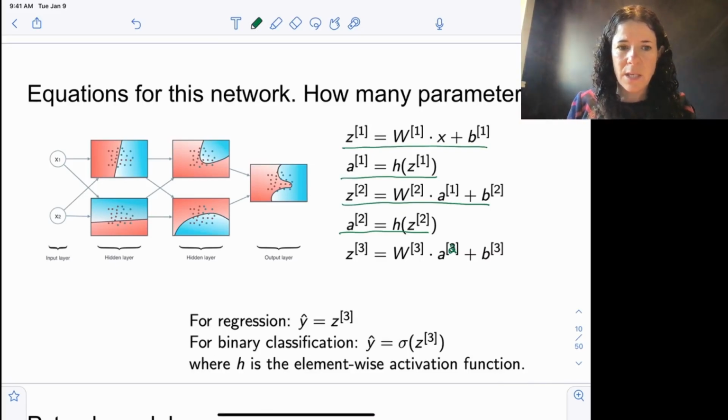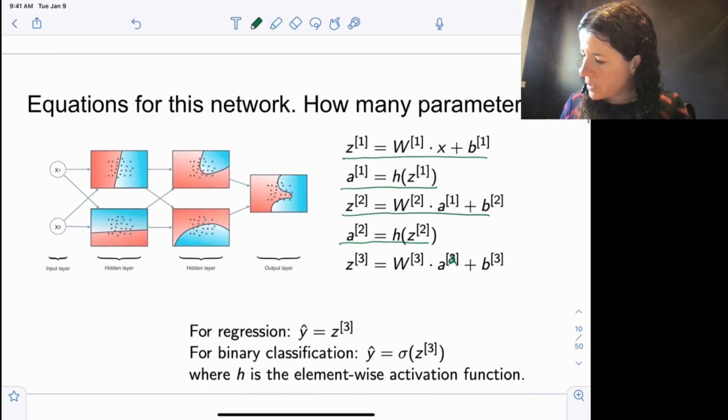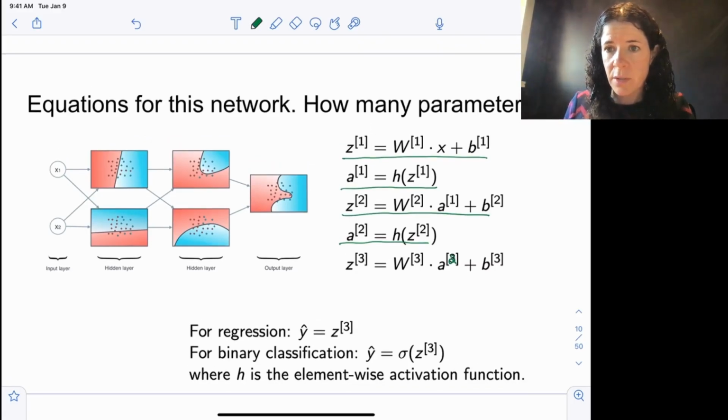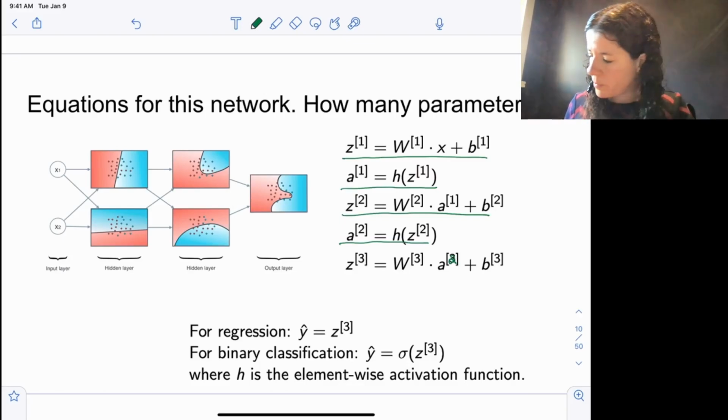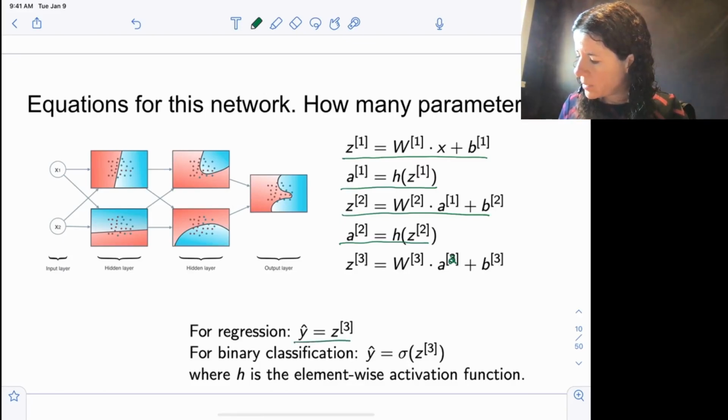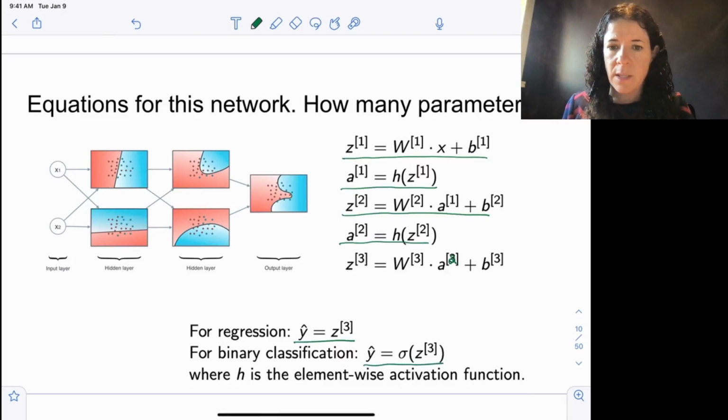In this case, since we have a 3-layer neural network, we're going to keep going one more time. We're going to stop at z3, and since the output layer has just 1 neuron, we know that it's either a regression problem, in which case y hat is going to be z3, or a binary classification problem, in which case y hat is going to be the sigmoid of z3. And in all of these cases, h is a nonlinear activation function, which is applied element-wise.